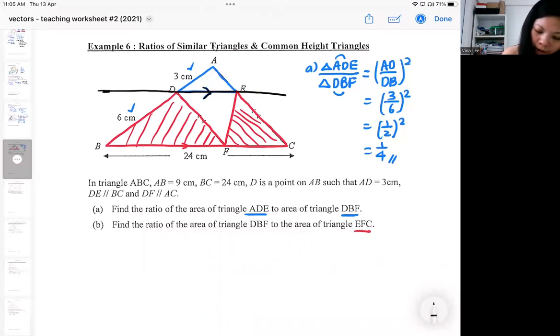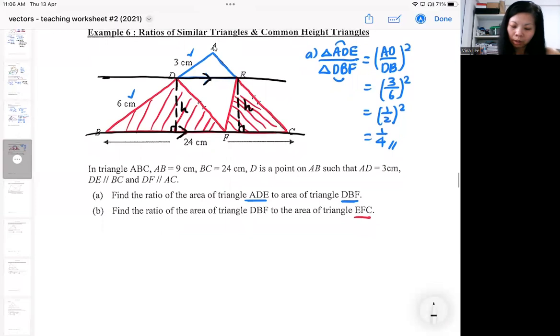They are in between a pair of parallel lines, so the height here is the same as the height here. They've got the same height.